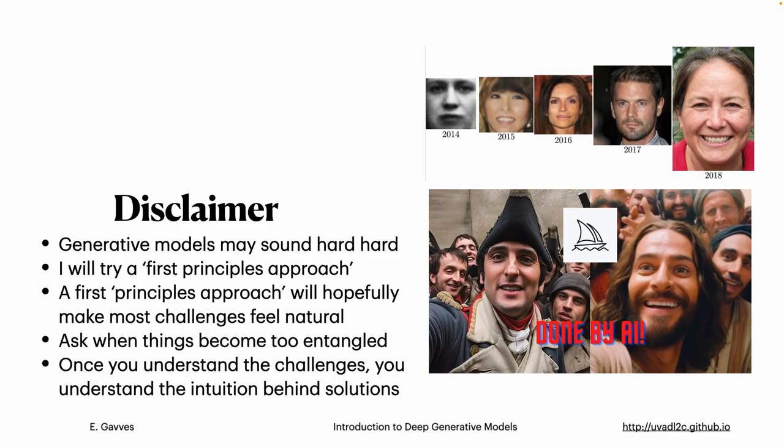What exactly is the problem, and if I know the problem, why this solution? Why not another solution, and so forth? So it will hopefully make the challenges look more natural, and the solutions also look more natural. So when things become too entangled, please ask me, or stop me.